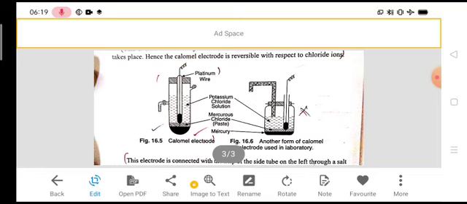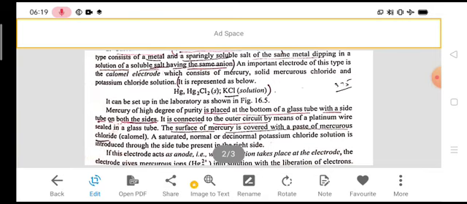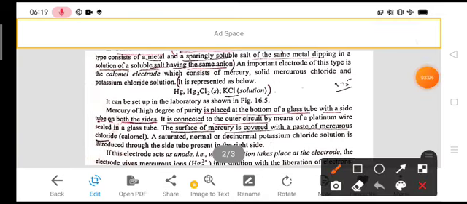So now I want to explain the total calomel electrode construction. Mercury of high degree of purity is placed at the bottom of the glass tube with a side tube on both sides.